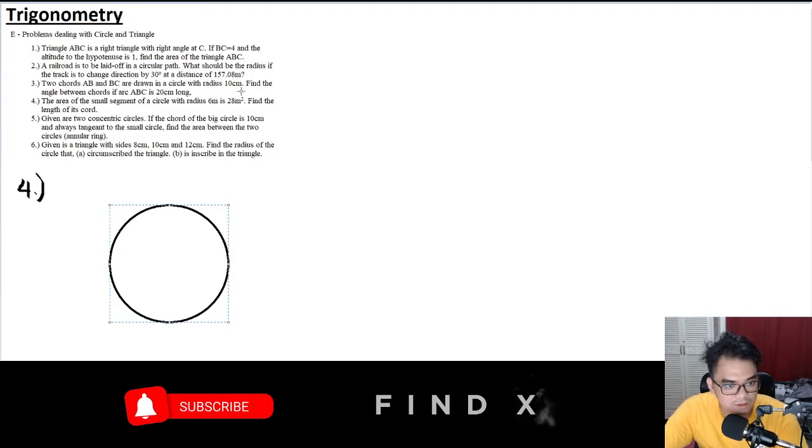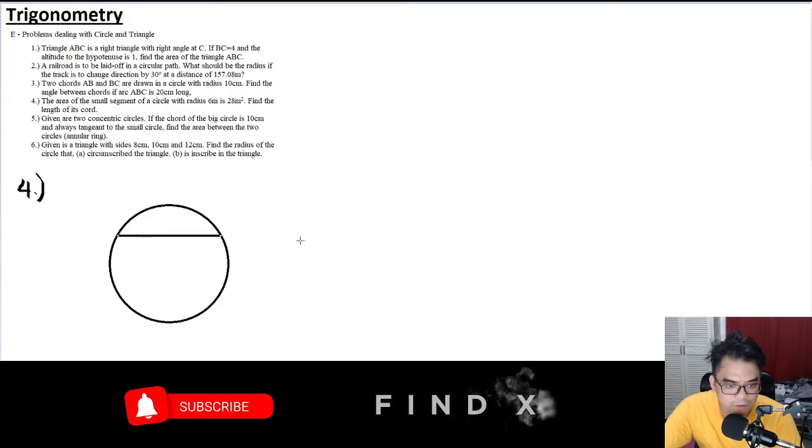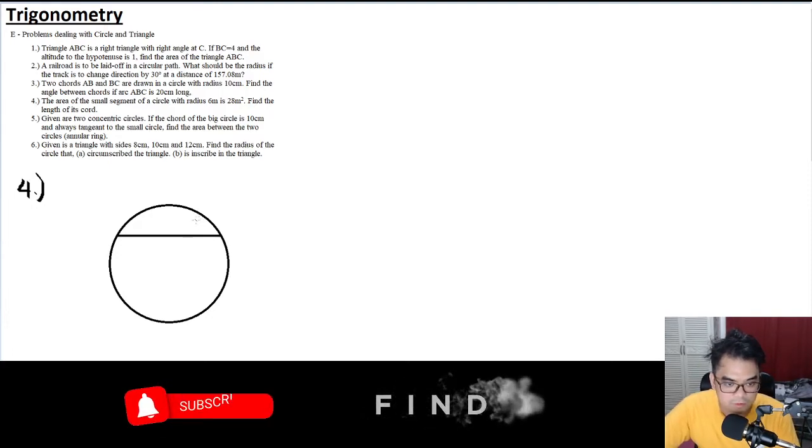And we have a small segment. When you say small segment, this is what it looks like. So this area is a small segment.